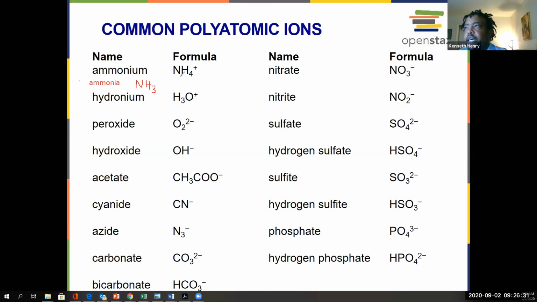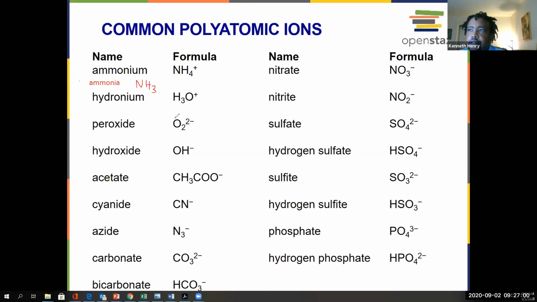Ammonium. So that's NH4 plus. Don't get them confused, right? Very similar. One can form the other, or you'll see reactions where they're formed from one another. But hydronium. Hydronium ion is just water with an extra H plus. Okay, so that's your hydronium ion.